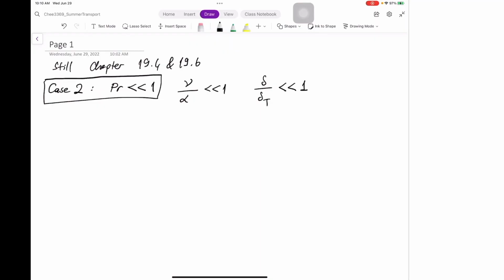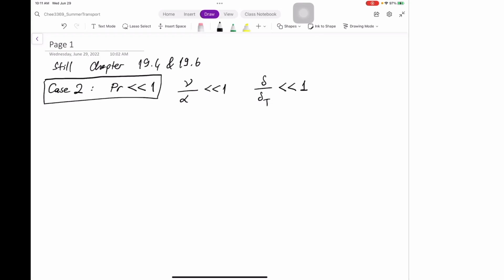The reason is the following. You can ask, oh, that's nonsense, because maybe delta originally was already much, much larger than delta T in reference. But one can argue that your reference case could be Prandtl number 1, and you know exactly that at Prandtl number 1, delta is exactly equal to delta T, right? Because you have exactly the same governing equations, same boundary conditions, so one would expect delta would be equal to delta T for the case of Prandtl number 1.